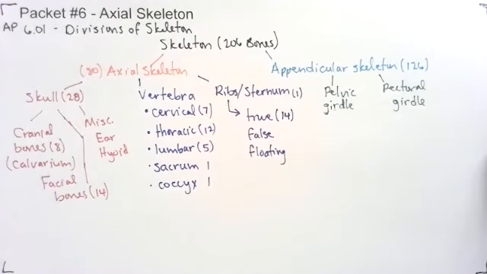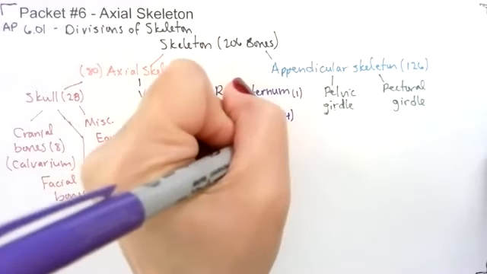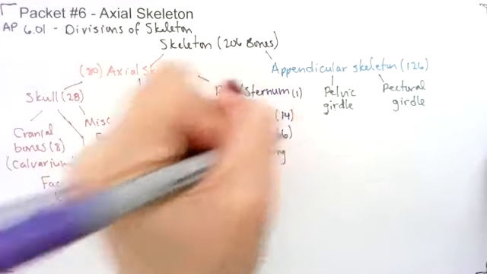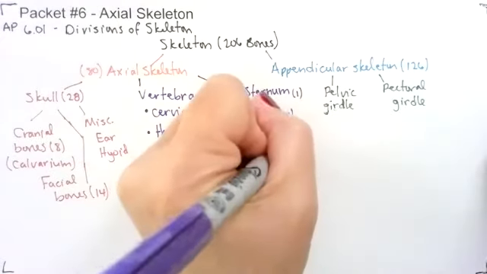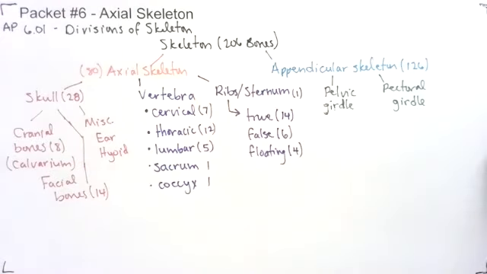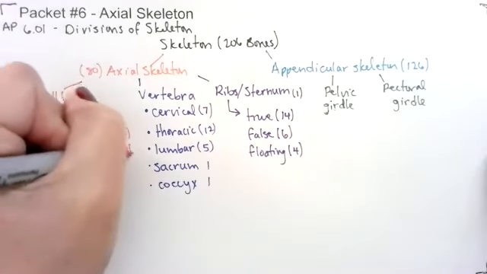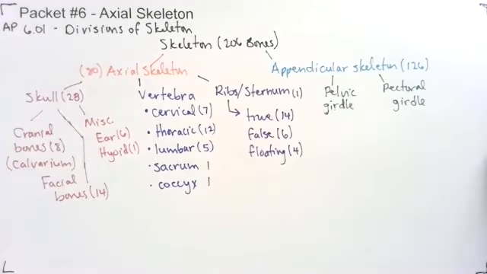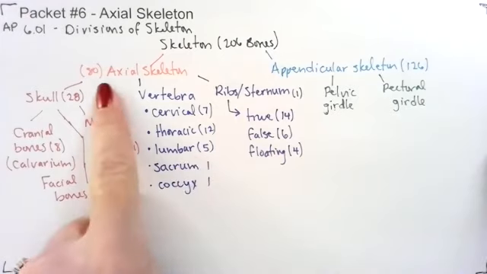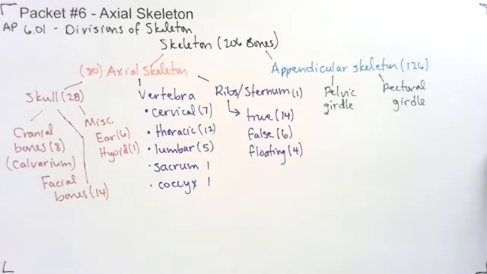You've got 3 pair of false ribs for a total of 6. And you've got 2 pair of floating ribs for a total of 4. So let's do over here 6 and 1. So if my math works out, all of these added together should add up to 80.